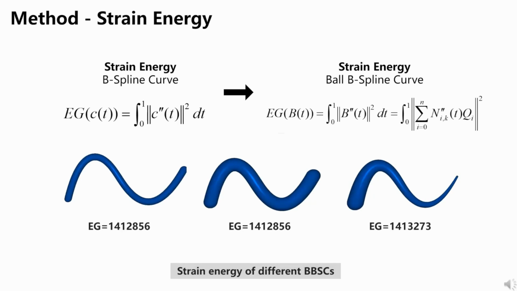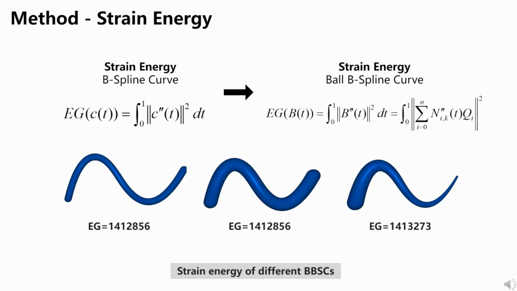The advantage of this definition is that both the radiance and the location of the control balls are considered, not only to reflect the change in skeleton line of the ball B-spline curve, but also to consider the change in the radiance. We give 3 different BBIC strain energy samples.